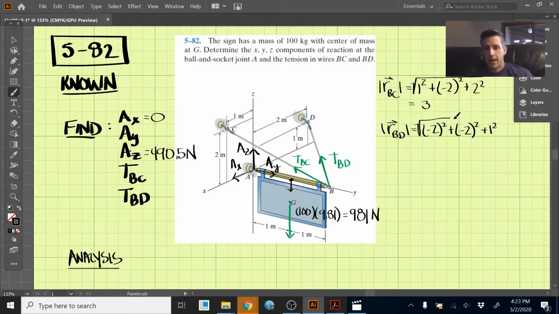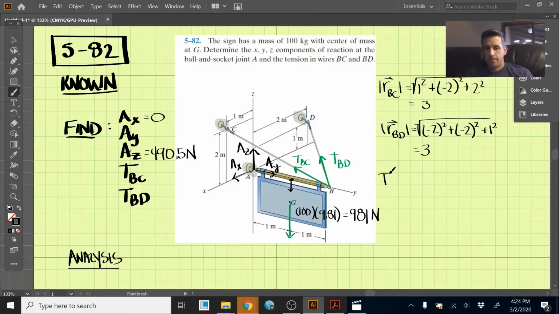Take the square root of that, and that comes out to be the exact same length, which is 3 meters. Okay, so let's work on writing these forces, although we still don't know what they are, in ijk components.